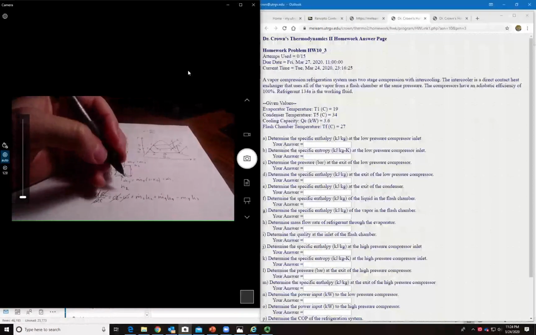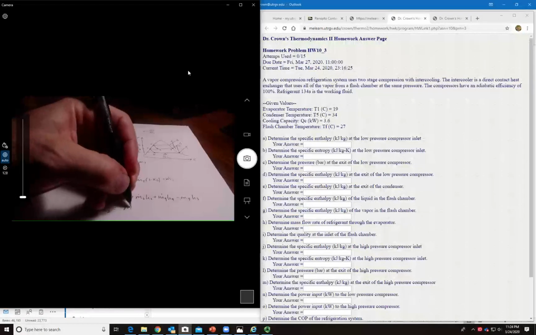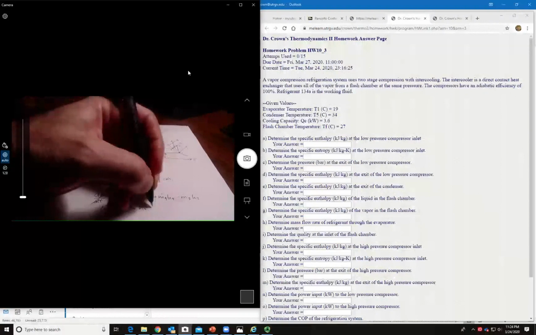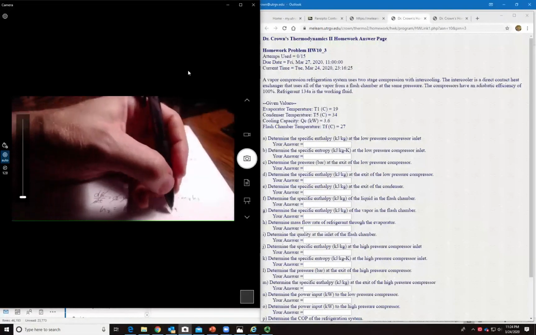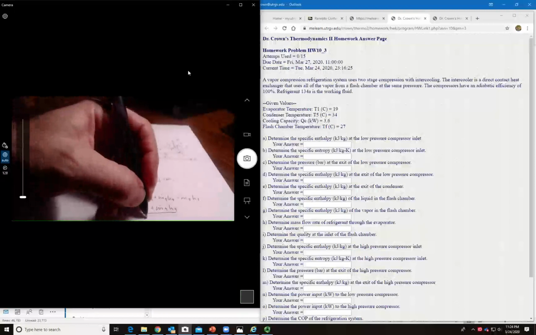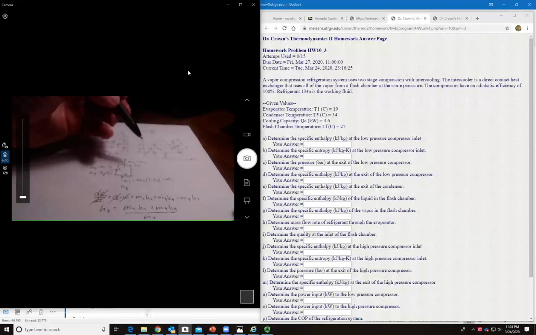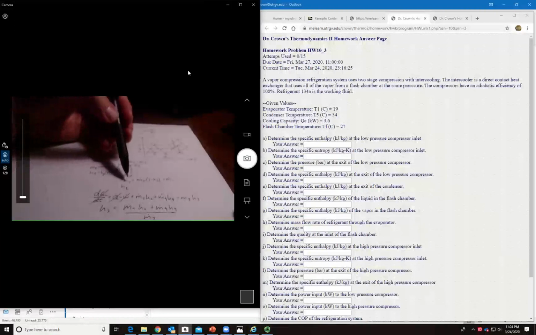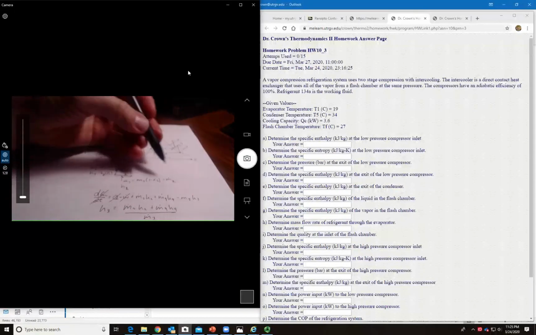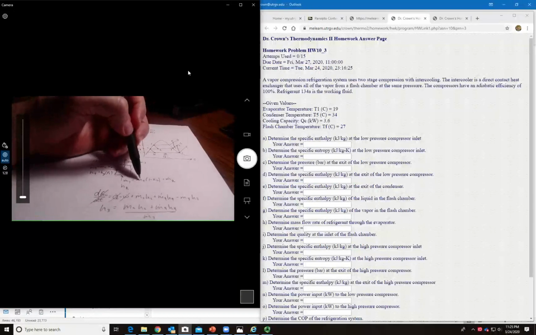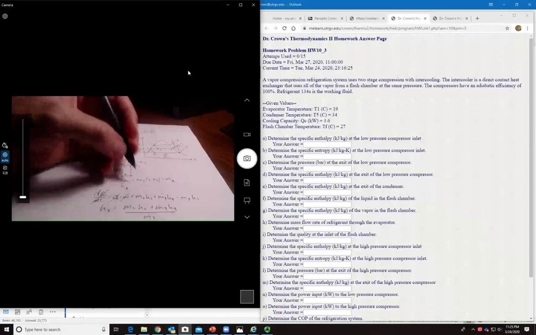So I can solve for H3 equals m dot 2 H2 plus m dot 9 H9 divided by m dot 3. And then we'll note that m dot 2 divided by m dot total, m dot 3 is really m dot total.